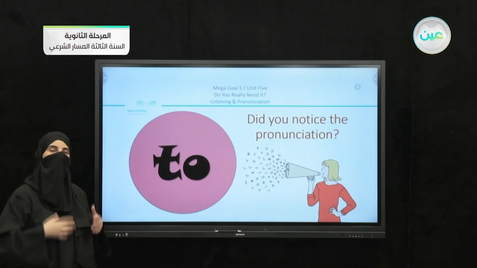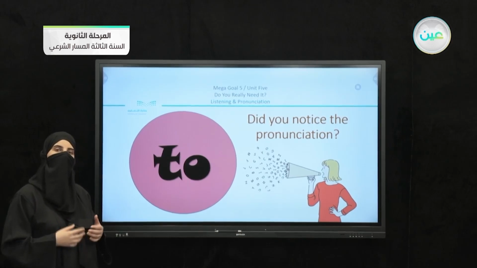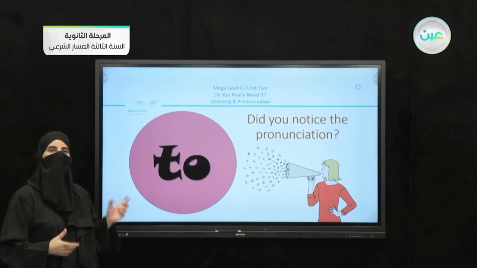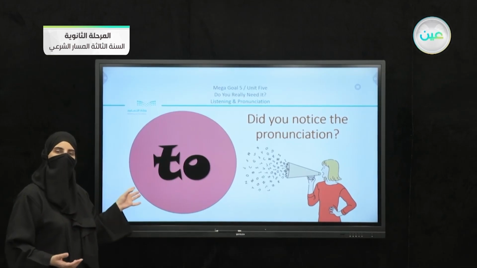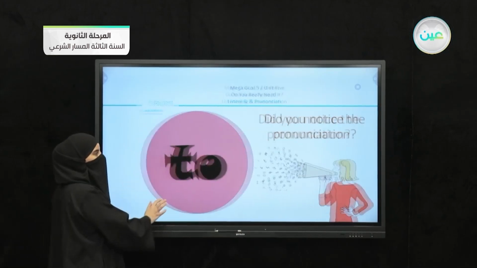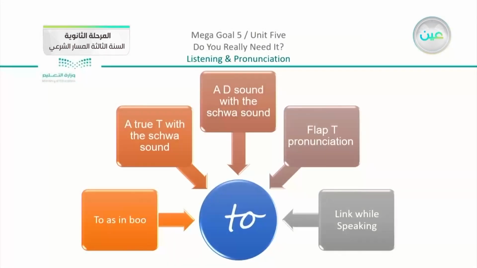So as usual, we notice how native speakers speak English and how they link their words together and how their sentences flow. So we concentrated on "to". We said that there are different ways to pronounce "to". Now you can see here from the graph that we studied yesterday that we can pronounce it as in "boo", which is the original pronunciation.